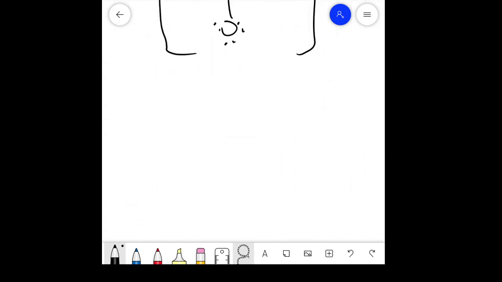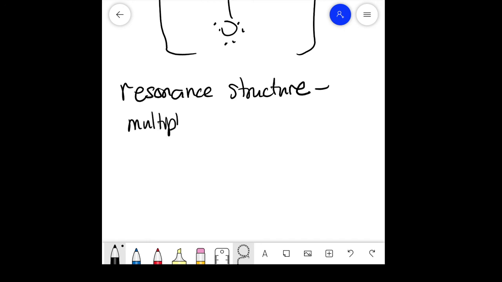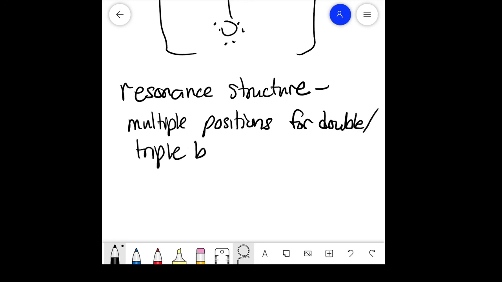And then I forgot to mention resonance structures. So this is when there are multiple positions for a double or triple bond.